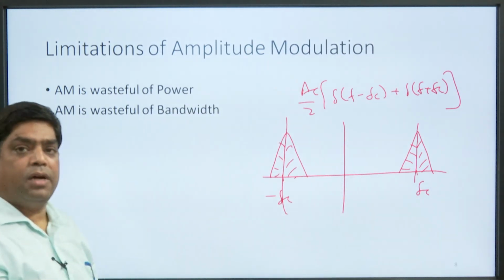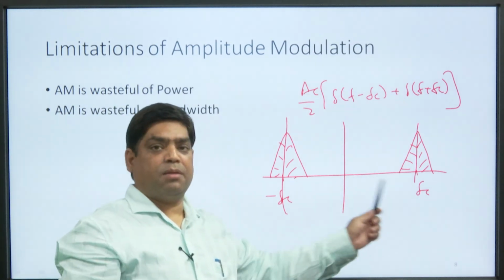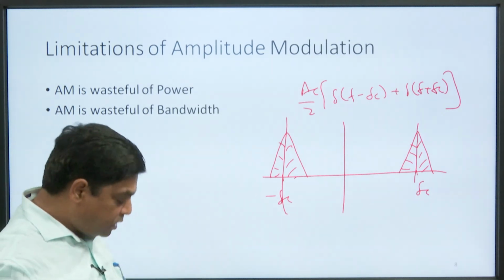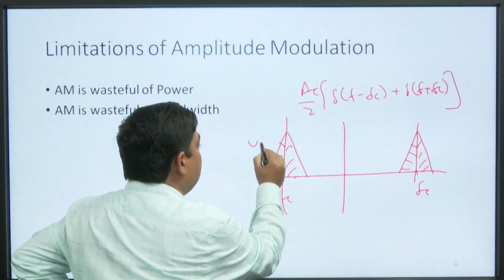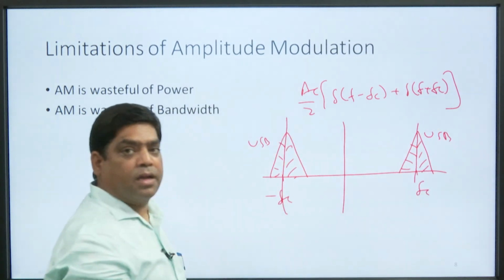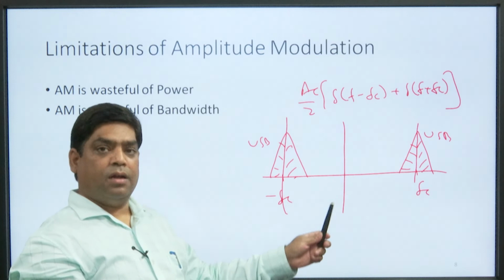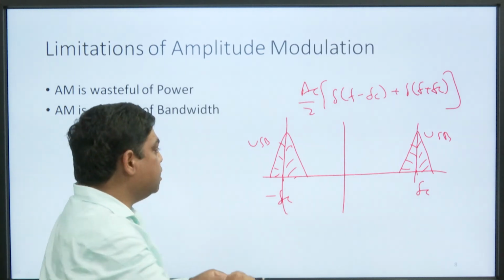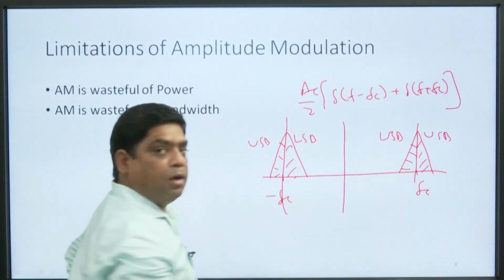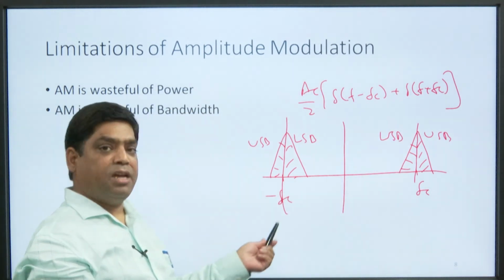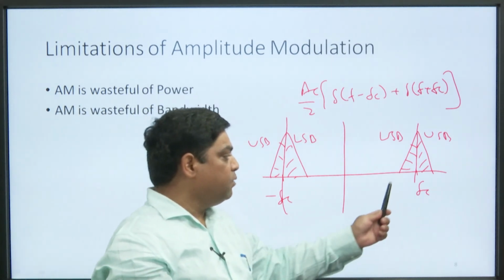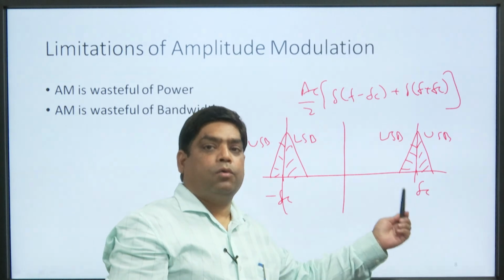There is no need to transmit so many mirror images of the signal. If you are transmitting only one sideband, like the upper sideband only, then the lower sideband can be generated at the receiver side. Or in the other case, when you are transmitting only the lower sideband, not the upper sideband, then the upper sideband can be generated at the receiver side. Then the bandwidth requirement will be only up to fm, not 2fm.